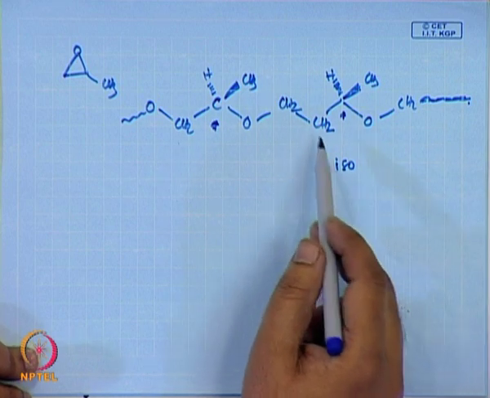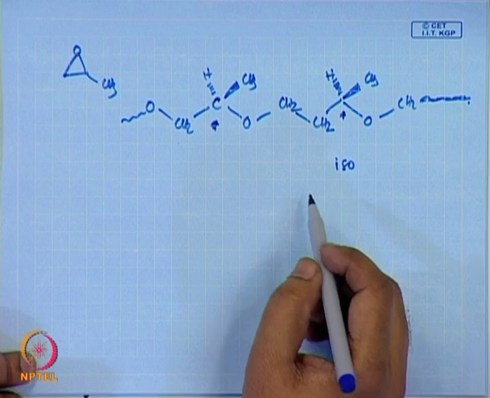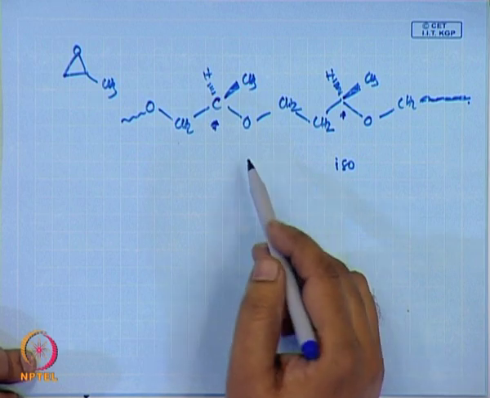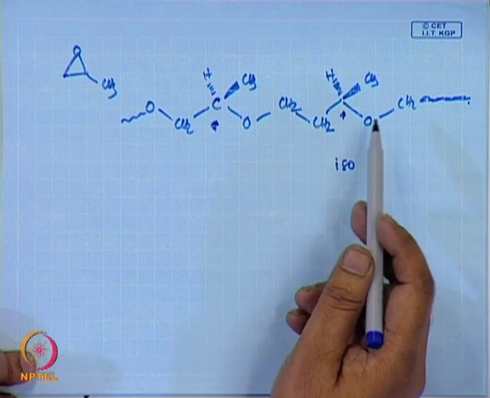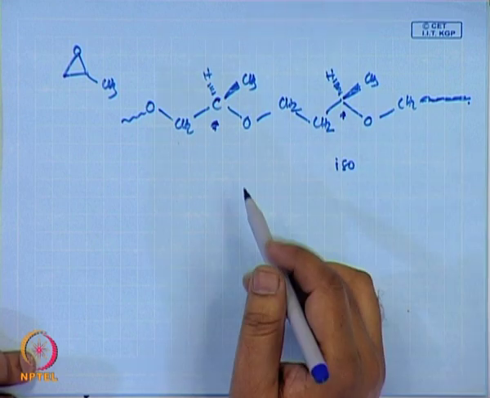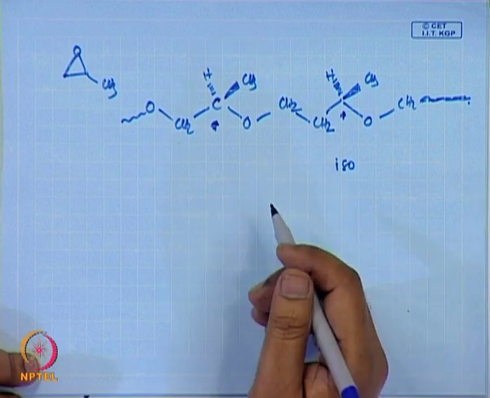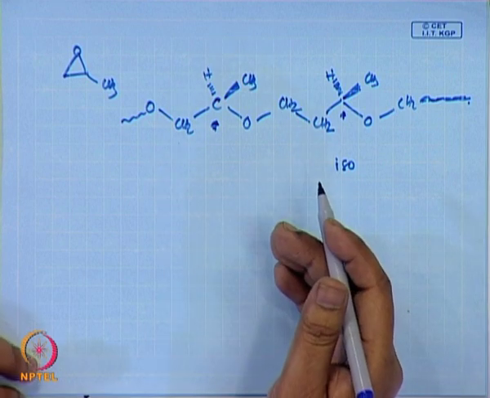Now, how do you synthesize? What are the strategies you can take to synthesize one particular stereoregular polymer, like an isotactic polymer or a syndiotactic polymer? As you know by this time, it is always beneficial to synthesize a polymer having a definite stereoregularity, whether it is isotactic or syndiotactic. They are more helpful and have more utility compared to atactic polymers.